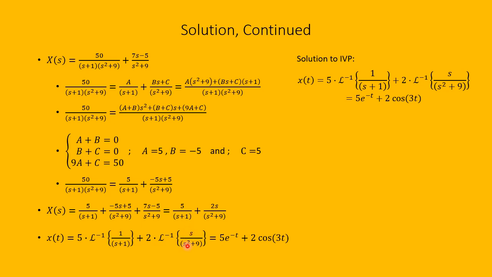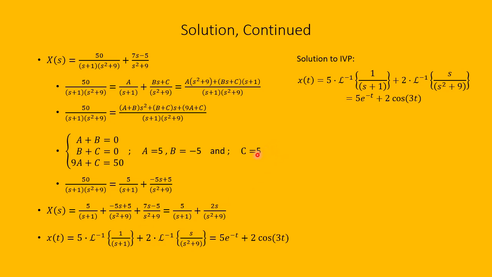Now, we've seen these two types of inverse Laplace transforms before. The inverse Laplace transform of 1 over s plus 1 is just e to the minus t. The inverse Laplace transform of s over s squared plus 9 is going to be cosine of 3t, with those constant coefficients 5 and 2 in front.